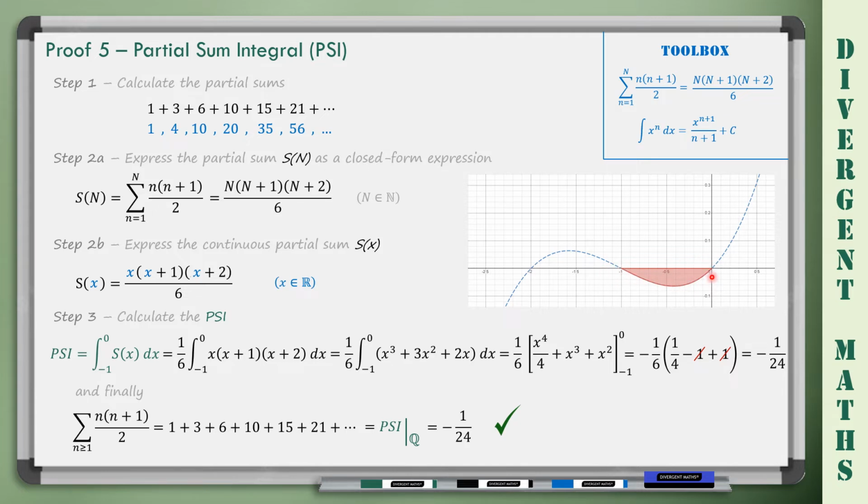As you can see, the whole curve is under the horizontal axis, so all of that is highlighted in red to remind us that it's a negative value. And the surface of this area highlighted in red, which is below the horizontal axis, therefore all negative, is equal to that value that we have here. So visually, that's where the negative 1 over 24 comes from, that area.